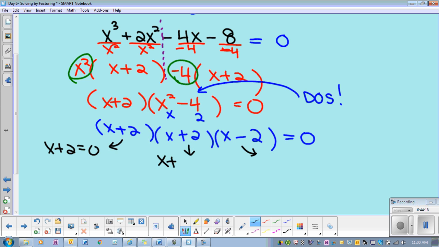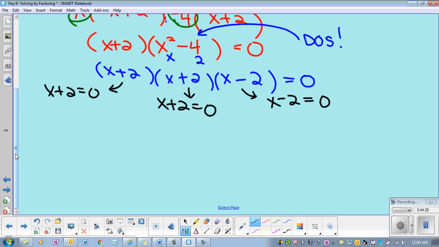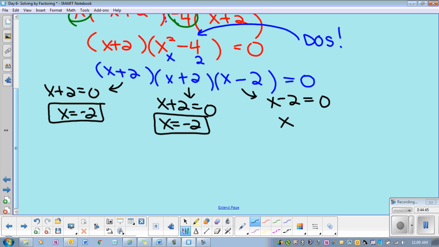That guy, x plus 2 equals 0. And this one, x minus 2 equals 0. Everybody gets their own little mini equation. So if I solve for these x's, you get x equals -2, x equals -2, x equals 2.